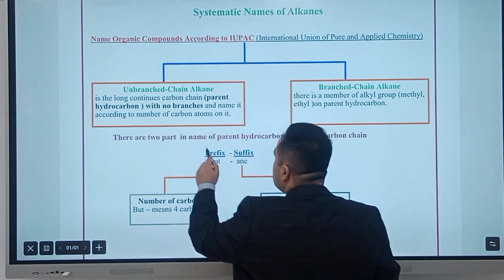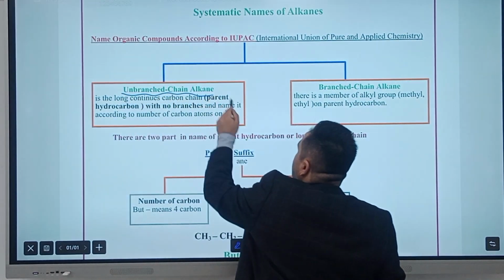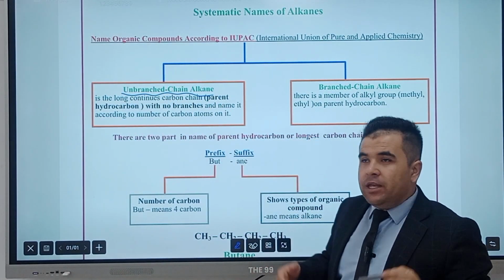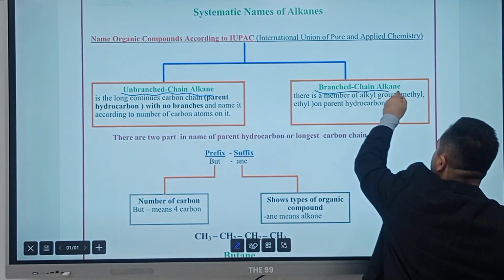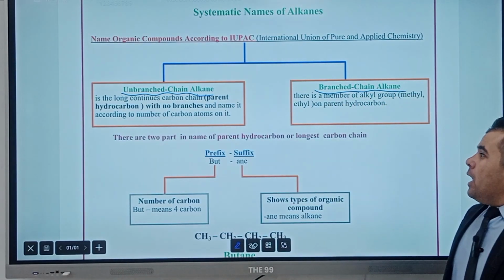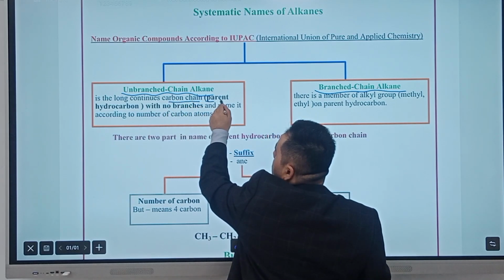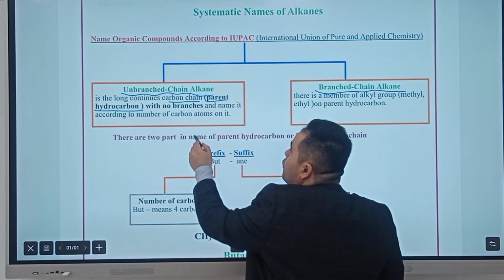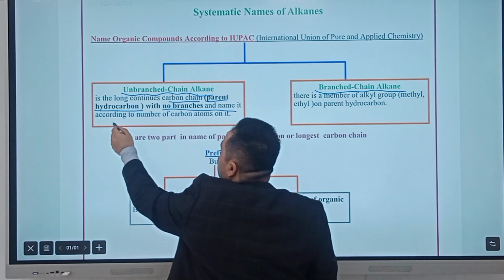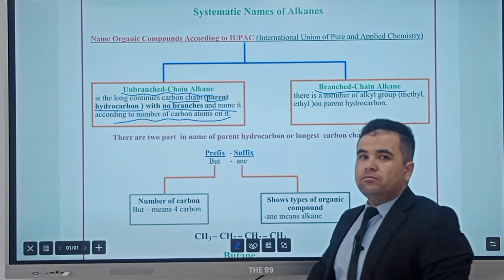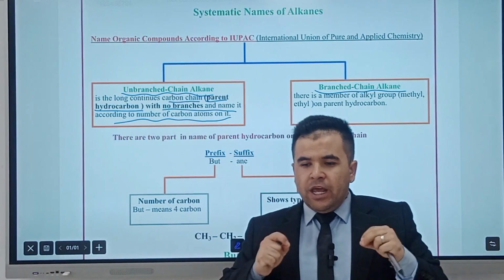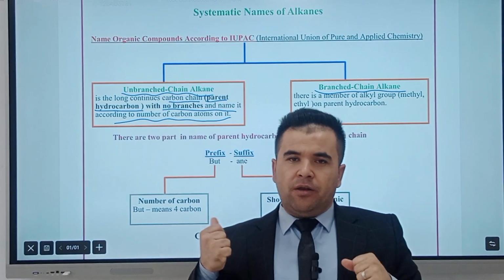Guys, as I told you, we have got unbranched chain, or we can say straight chain, and the branched chain alkane. The unbranched chain is a long continuous carbon chain, the parent hydrocarbon, with no branches, and we name it according to the number of carbon atoms. It's simple, we name according to the prefixes that we learned.